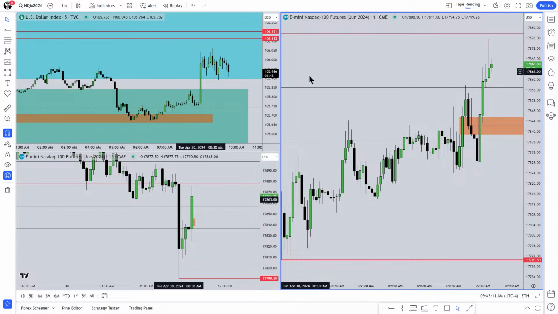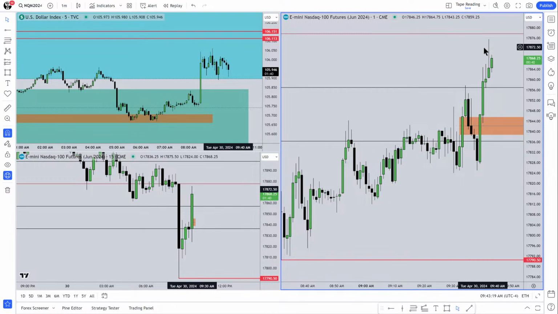I would have preferred it come down to that mid level. That's why I was saying watch that, because if it had touched that, I would have expected this to expand up. It didn't get to the level I would have liked to have seen. So if this would have been a trading day, I would have missed this run. And it's probably a good thing, you know.